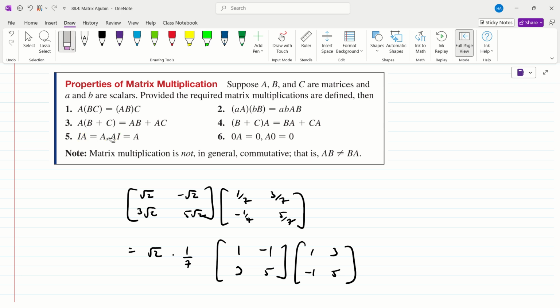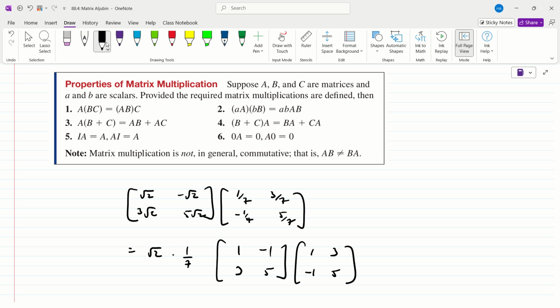Later, we'll be using these identity matrices to find something called an inverse matrix. So in the structure of matrix addition and multiplication, that identity matrix is almost like the 1 in the real numbers.